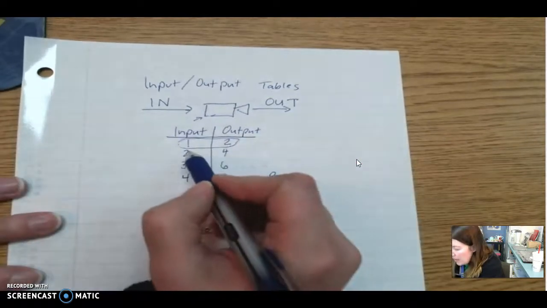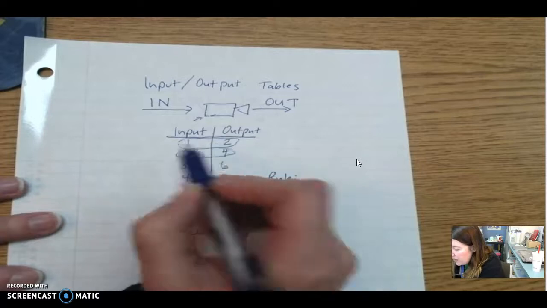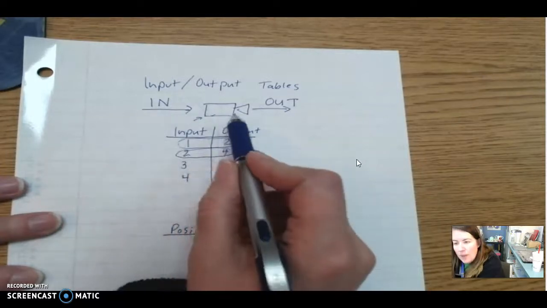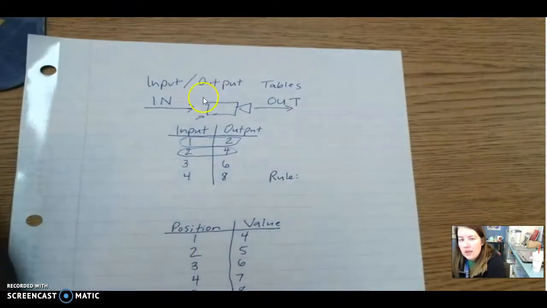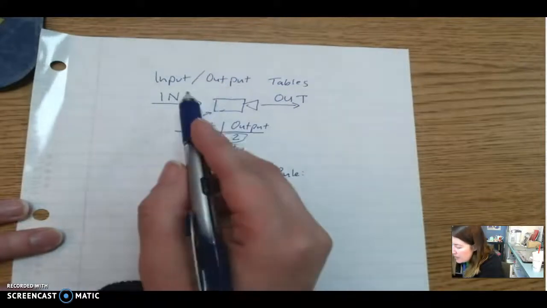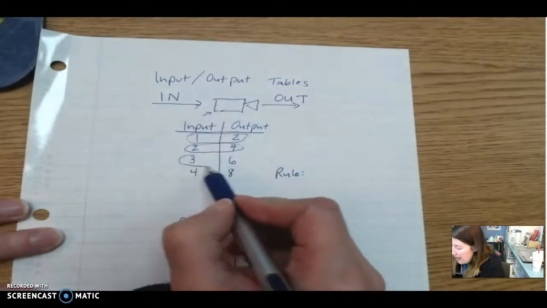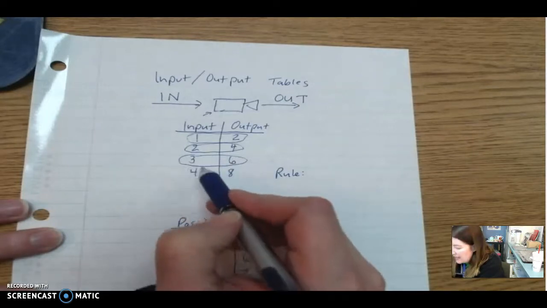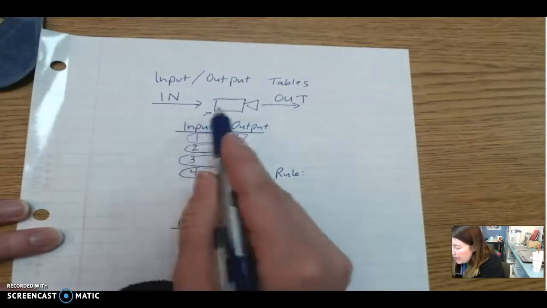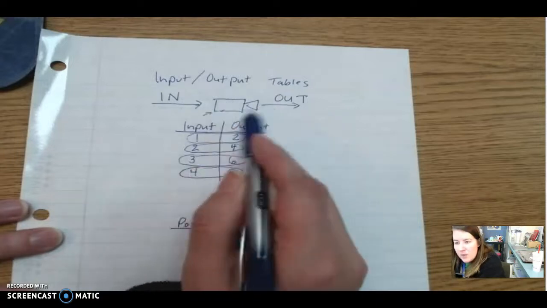All right? How about I put a 2 into the number machine, out pops a 4. Think about what it is doing to make that happen. Keep going. You put a 3 into the number machine, out pops a 6. And lastly, I put in a 4, out pops an 8. What did the number machine do?